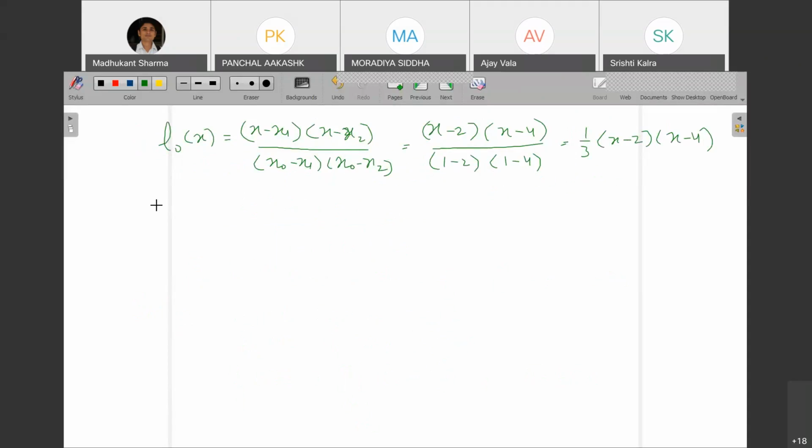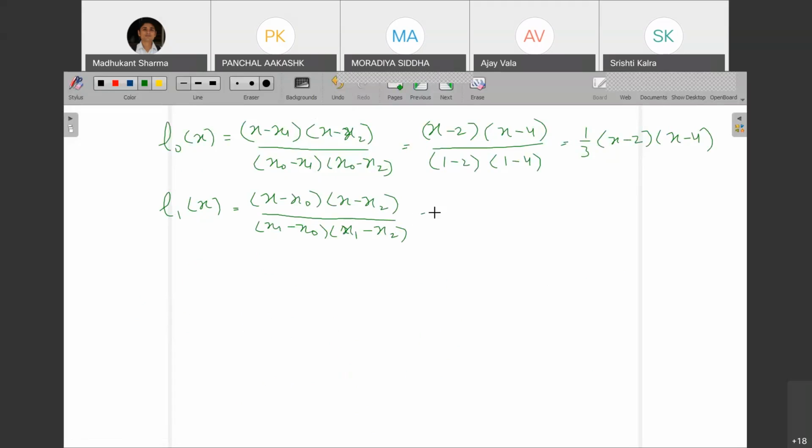Similarly, you can go for L1 of x, that is equal to x minus x naught into x minus x2, divided by x1 minus x naught times x1 minus x2.